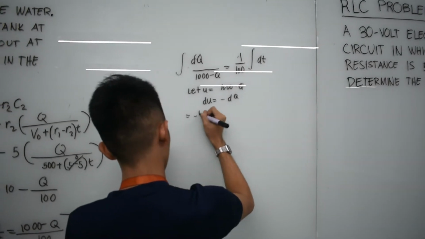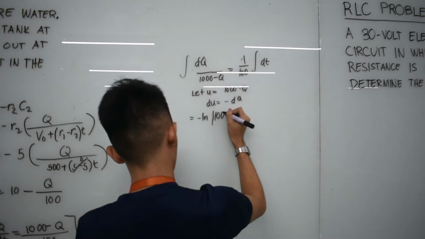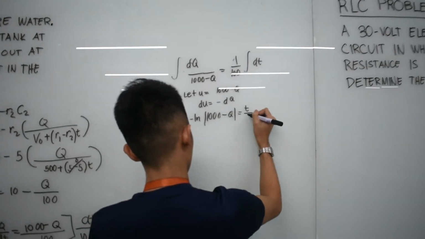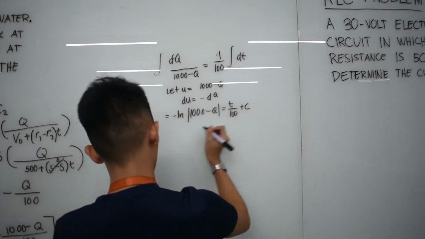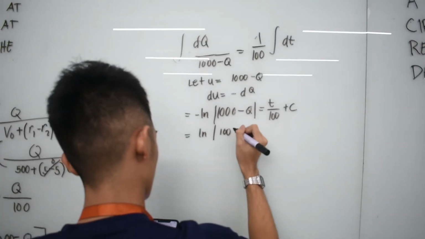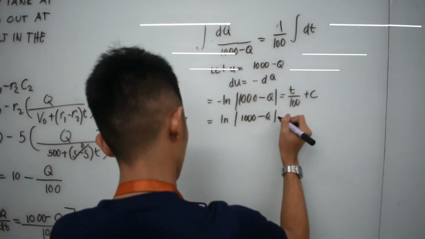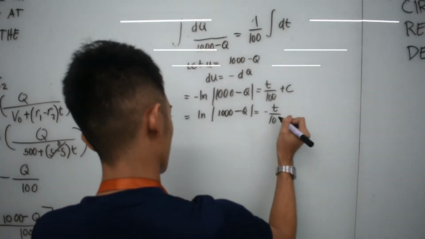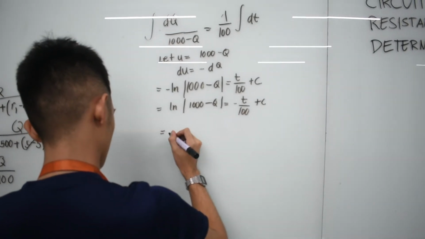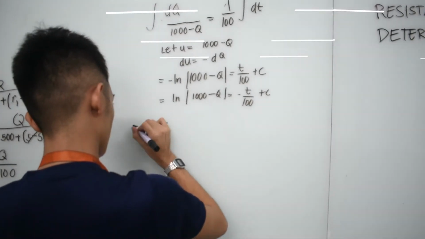We will get negative ln of 1000 minus Q is equal to T over 100 plus C. Then ln of 1000 minus Q is equal to negative T over 100 plus C.